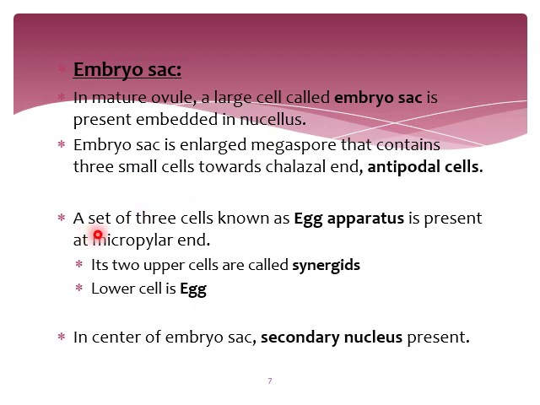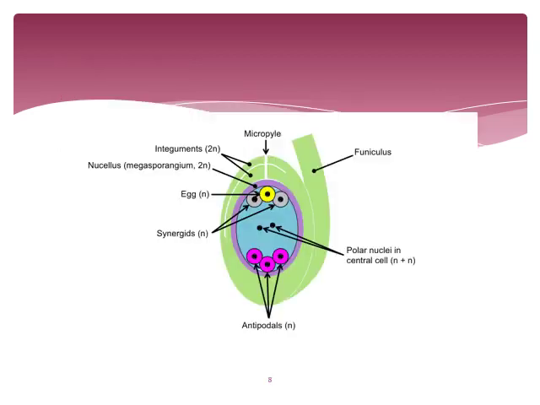It contains a set of three cells at the micropylar end, which is known as egg apparatus. And out of this egg apparatus, two cells are known as synergids and one cell is known as egg. And in the center of the embryo sac, secondary nucleus is present.